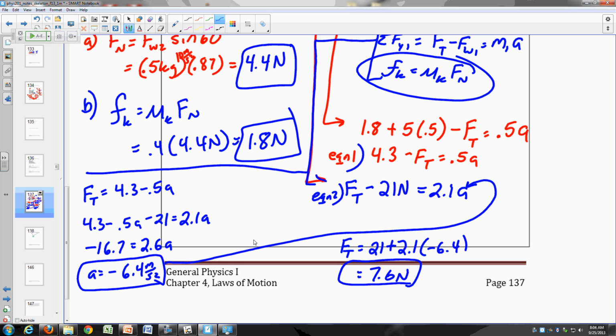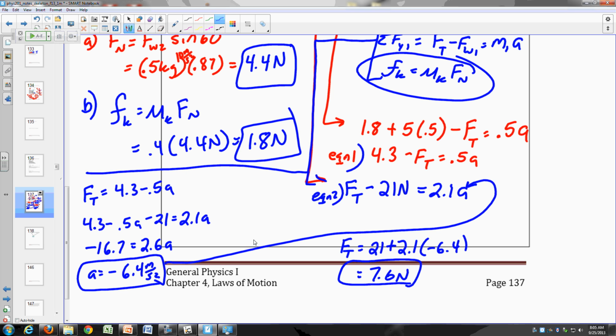What y'all got? 7.6 newtons and negative 6.4 meters per second squared. What I've done here, and you might have done it a little differently, is I took this equation and solved it for Ft, and then plugged that in for Ft here. And right here, I said 4.3 minus 0.5a minus 21 equals 2.1a, and then I solved that for the acceleration.